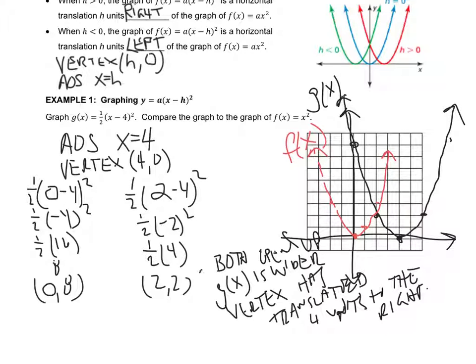So a couple of things. We want to mention how they opened up. We want to mention one is wider than the other one. We want to mention that they both open up. And then the vertex, which has been translated. In this case, it's still at the y equals 0 level, but the vertex and actually the axis of symmetry have both been translated 4 units to the right.